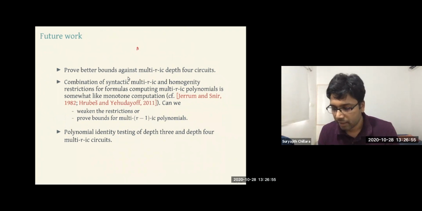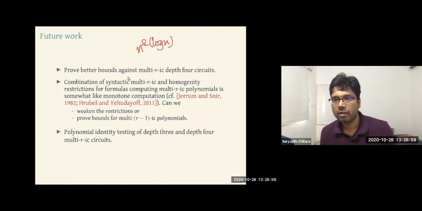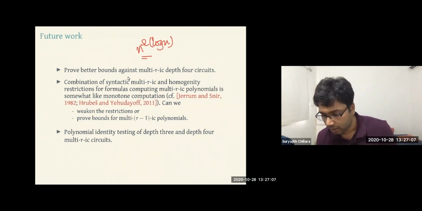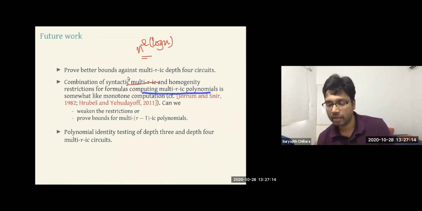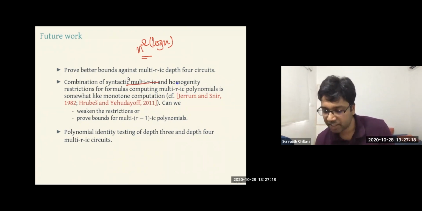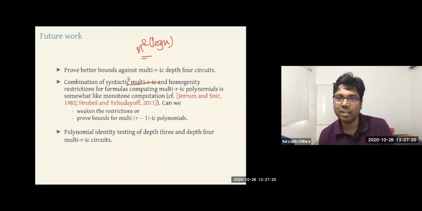I showed a lower bound of n^{Ω(log n)} for homogeneous multi-arity formulas. This lower bound was shown when the circuit structure is syntactically multi-arity and the polynomial is multi-arity. When you are computing a homogeneous polynomial with the homogeneity restriction and syntactic multi-arity, it is akin to monotone computation. So it is almost as if no cancellations are happening.